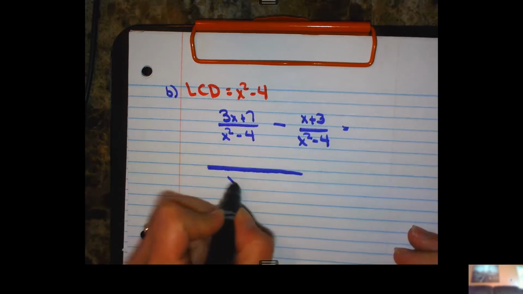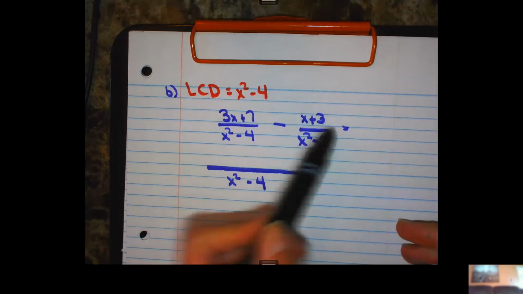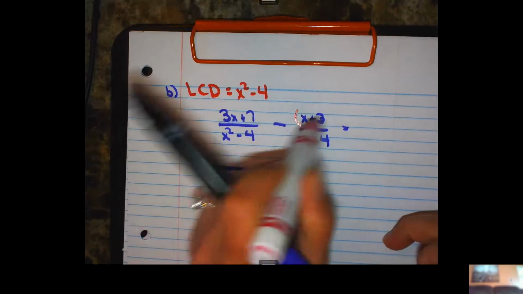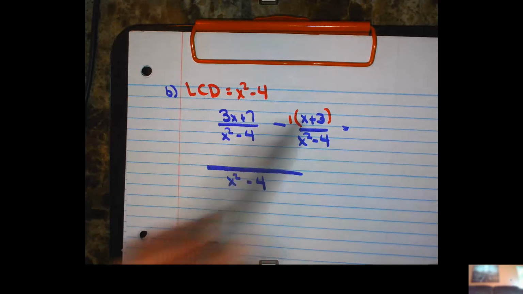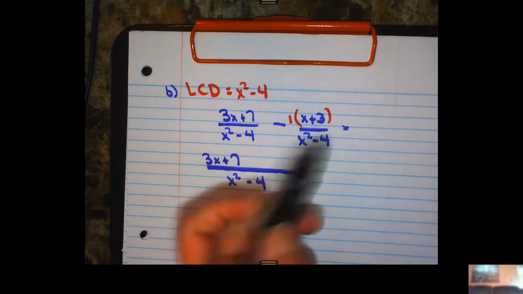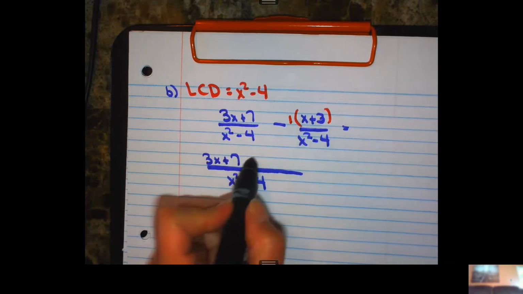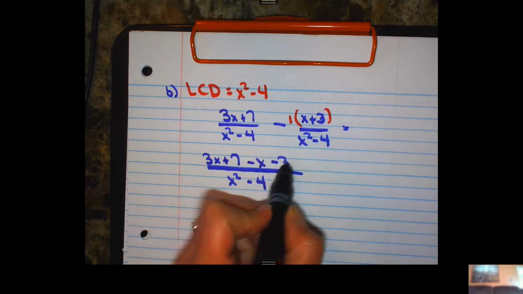My denominator is going to stay x squared minus 4. And I'm going to bring down these terms. And again, think of it as this is in parentheses and you have like a 1 in the front. So we're multiplying by -1. So I bring down the 3x plus 7. And now instead of x, it becomes minus x. And instead of plus 3, it becomes minus 3.